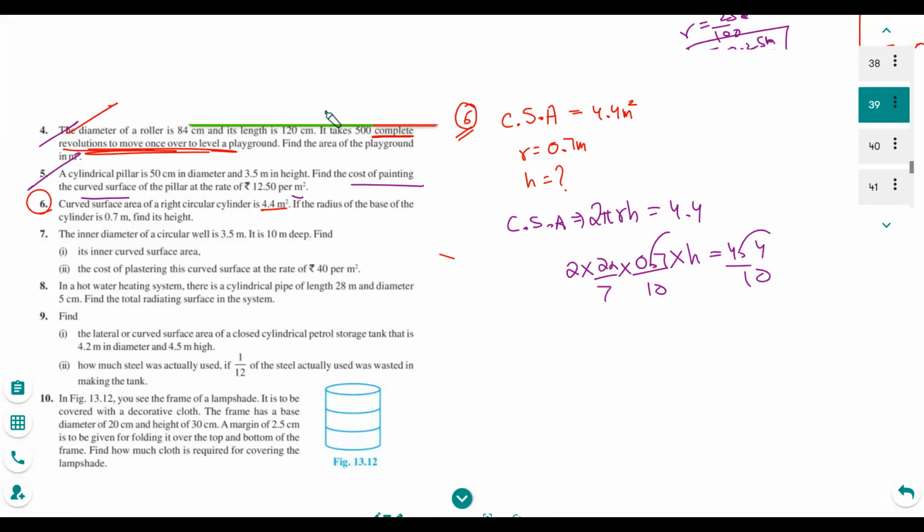Waiting for others as well. Okay, others, I got your answer. What about others? Others are sleeping.